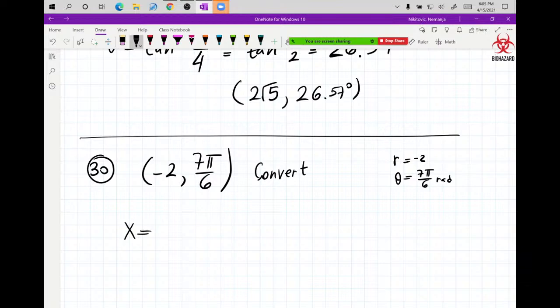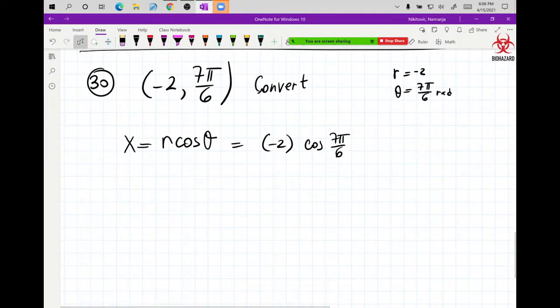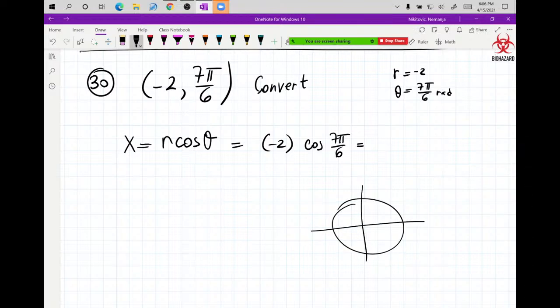So x is equal to r cosine theta, which is -2 times cosine of 7 pi over 6. And now the question is, how much is cosine of 7 pi over 6? If you draw it, 7 pi over 6 is 1 pi over 6 more than pi, which is 6 pi over 6.